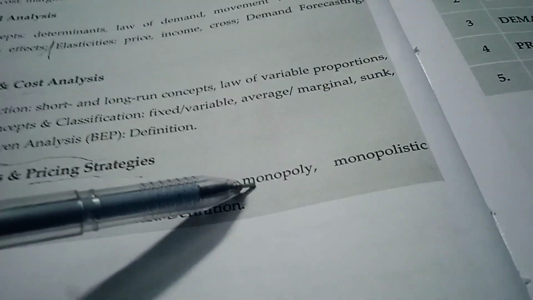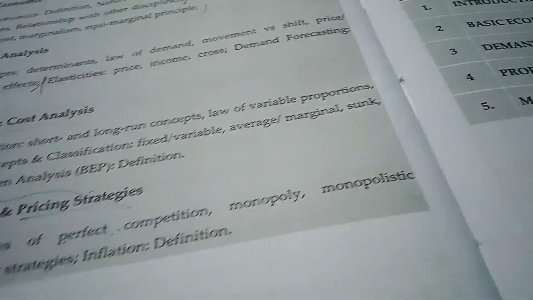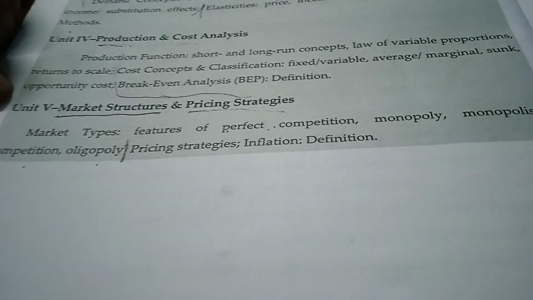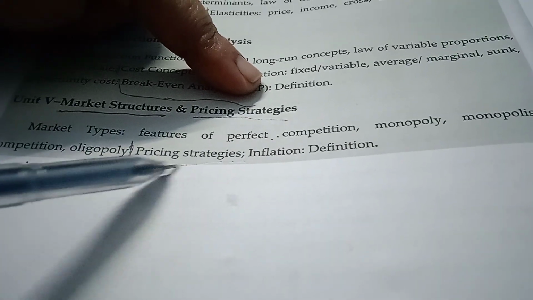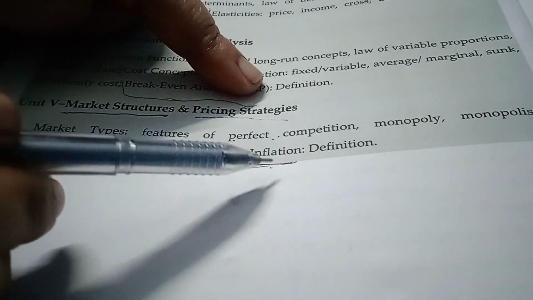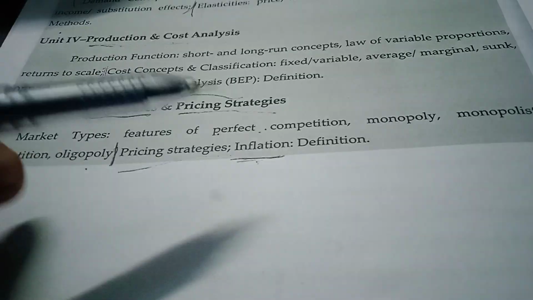Similarly monopoly, with its features and diagrammatic representation. In monopolistic competition also, the features and price output determination. Oligopoly also in the same manner, the features and price output determination. Here the first half ends, and for pricing strategy we can write pricing strategy and inflation, its causes and types. With this we are ending our entire syllabus.